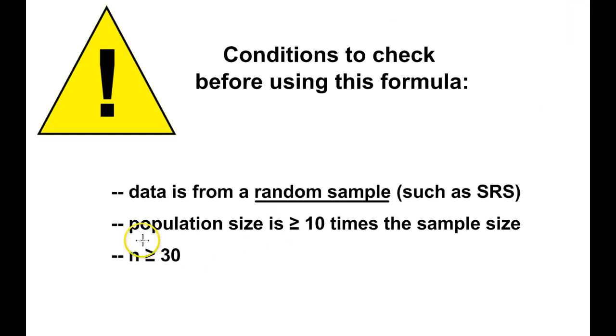Second one is getting back to the probability situation. It says population size is 10 times the sample size. The reason we might care about that is that if you think of probability, let's say a jar of marbles, and you have so many red and so many blue marbles in the jar.